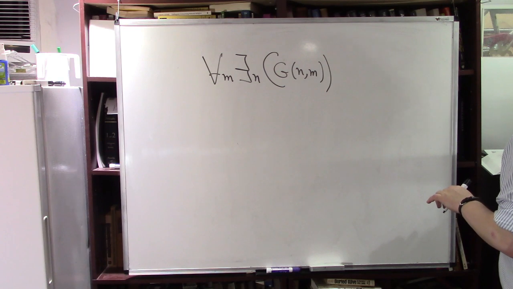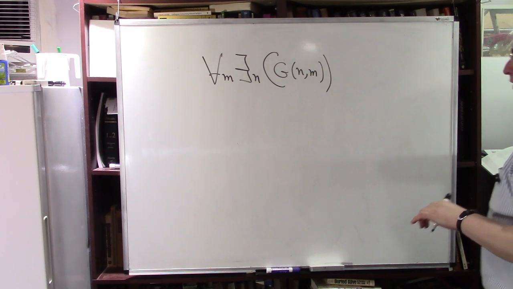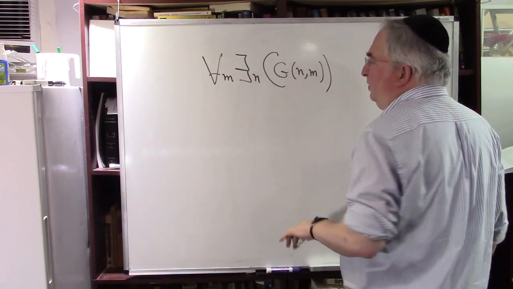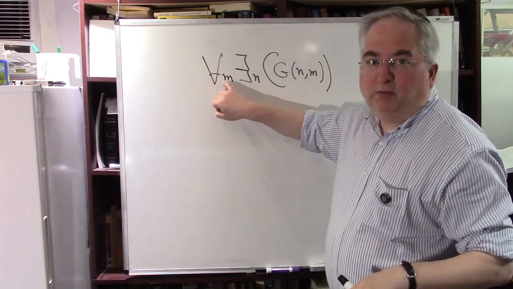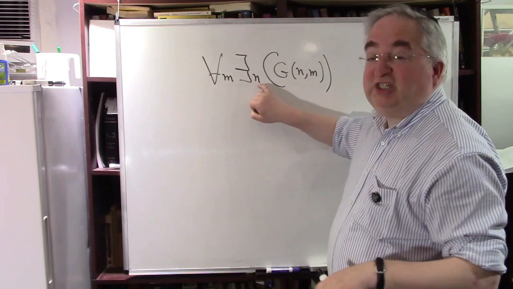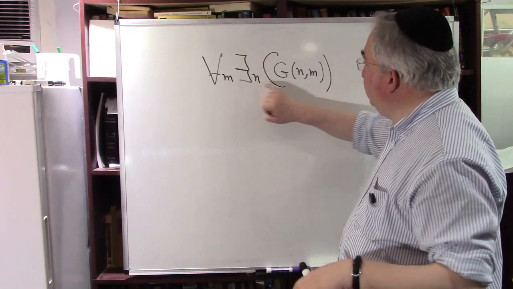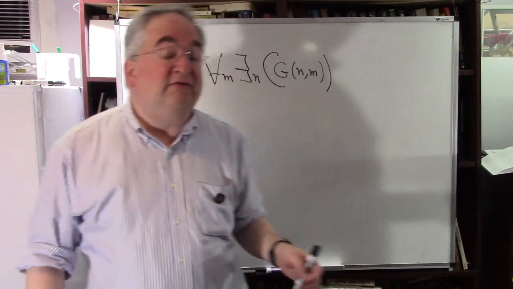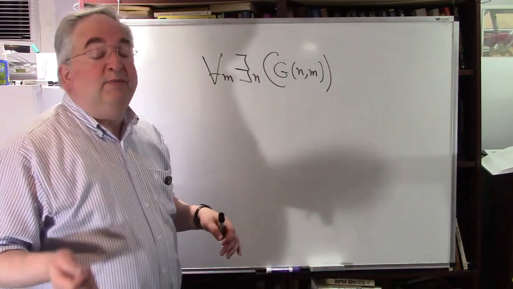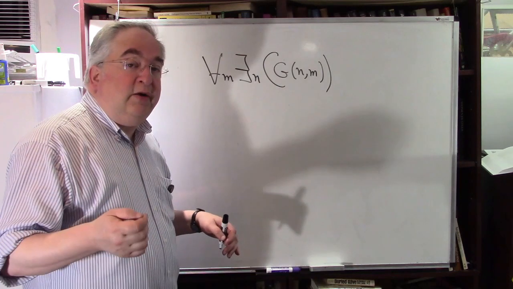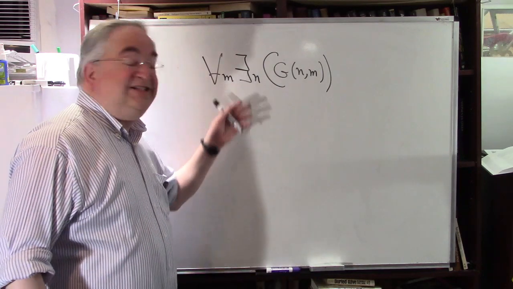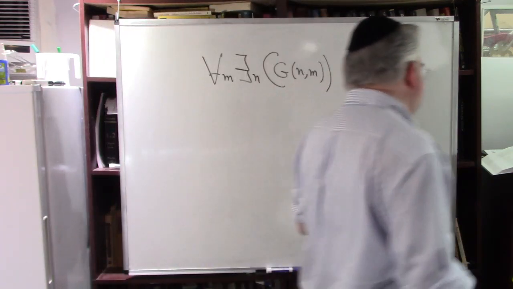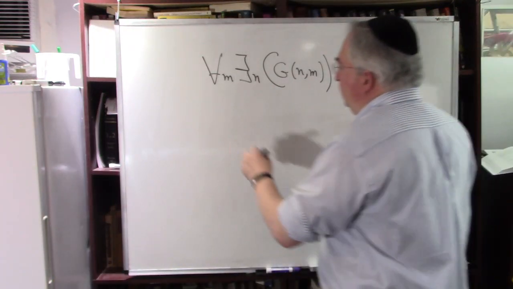For all m, there exists an n such that G of n comma m. What does it say? Take any m whatsoever. There is some n such that n is greater than m. What that basically says is there's an infinite amount of numbers. Take any number whatsoever, there exists a number that's larger than it. So that's typical.